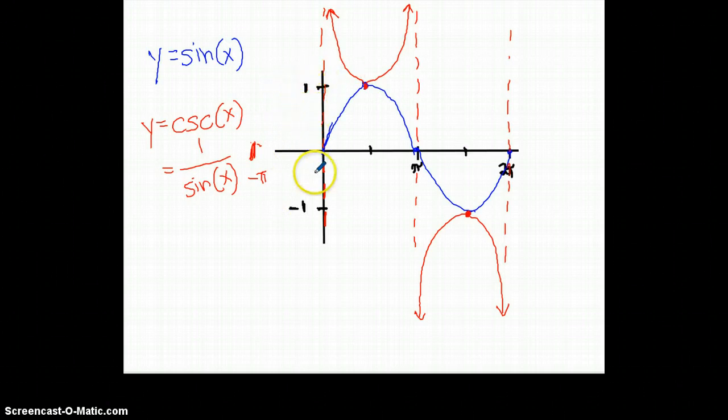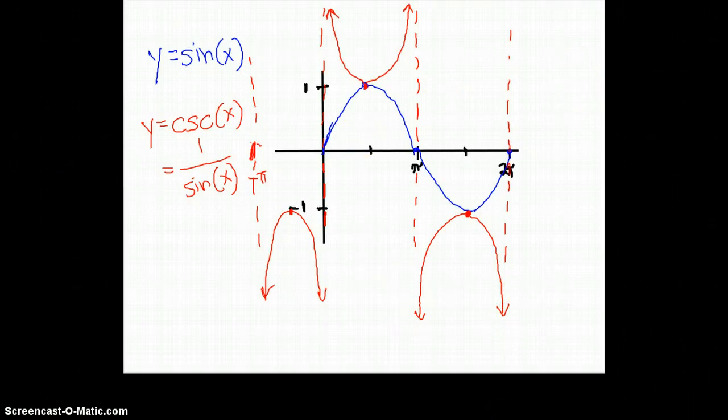But you see we have asymptotes every pi units. So I'll have another one down here, more or less. So this is the pattern, you see. You kind of see these parabola-type graphs, down, up, down. So that's cosecant.